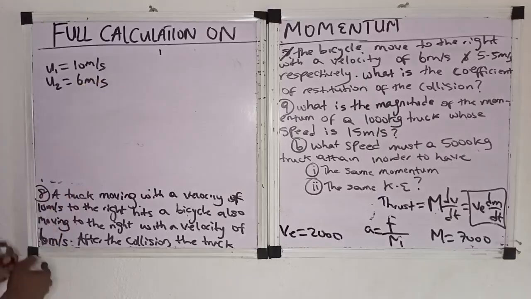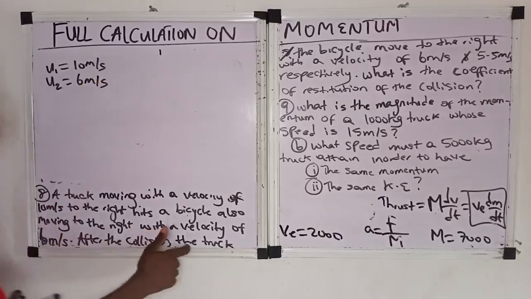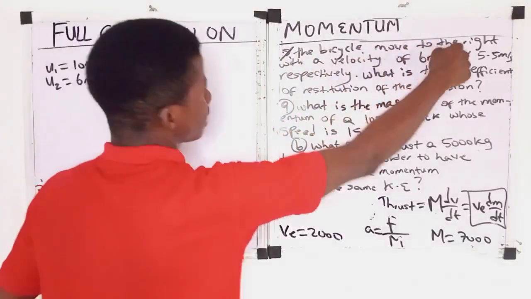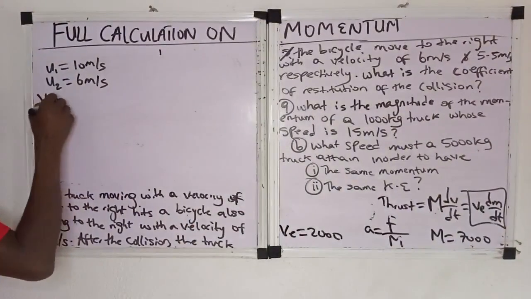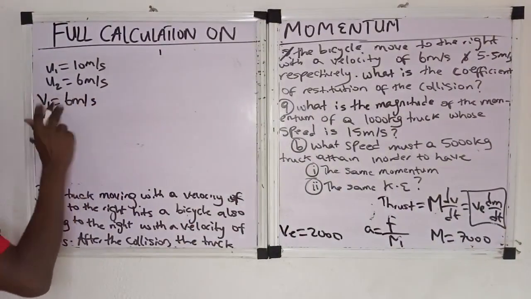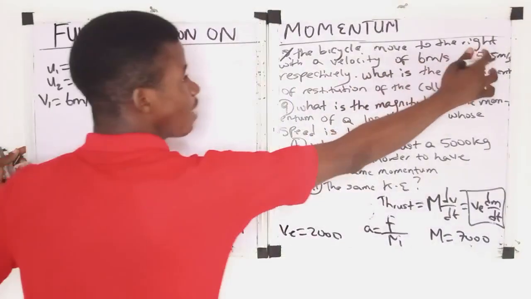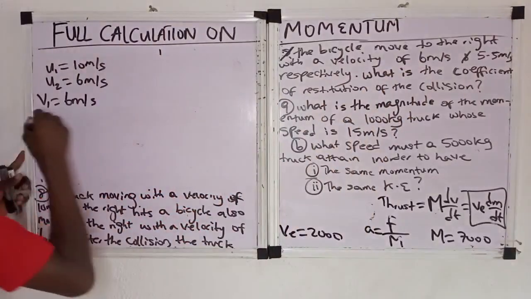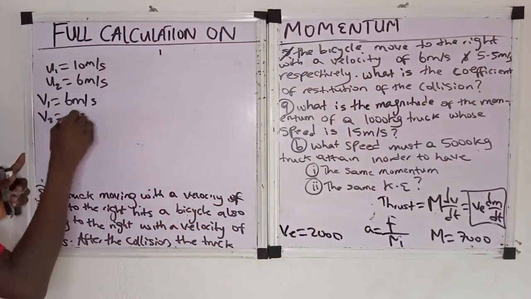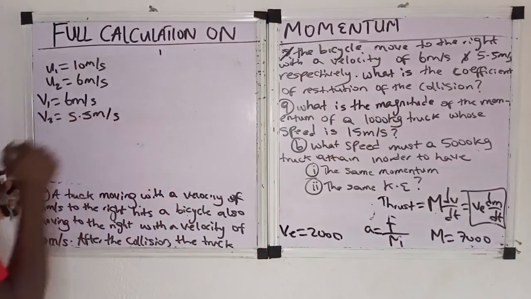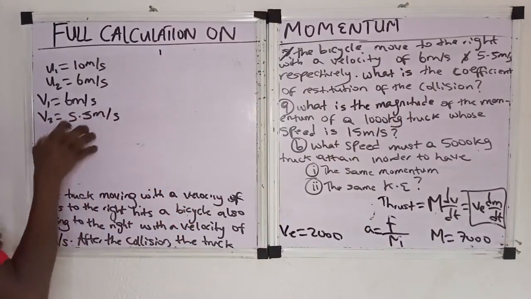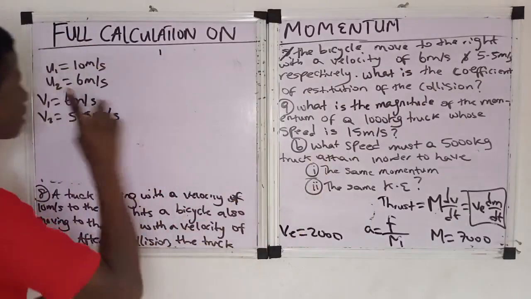Now after the collision, the truck and the bicycle move to the right with velocities of 6 and 5.5 respectively. So v1 is 6, the final velocity of the truck after it collides with the bicycle, and v2 is 5.5, the final velocity of the bicycle.